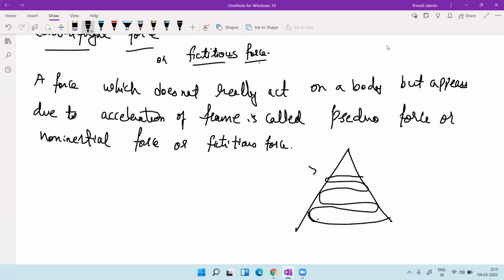But we will also rotate with it in the opposite direction. Force is not acting on us, because we are sitting inside the bus. Actually, because the bus is moving, force is acting on the bus. So due to that, we also experience some rotation or some opposite direction force. That force is fictitious force or centrifugal force.